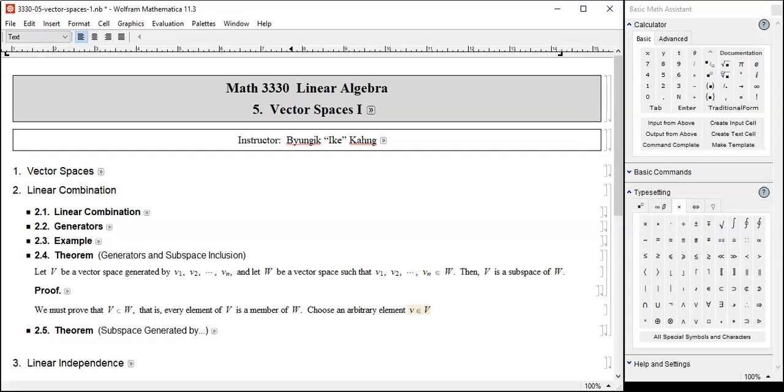Choose an arbitrary element, small v of capital V, and let us prove that this arbitrary element belongs to W.